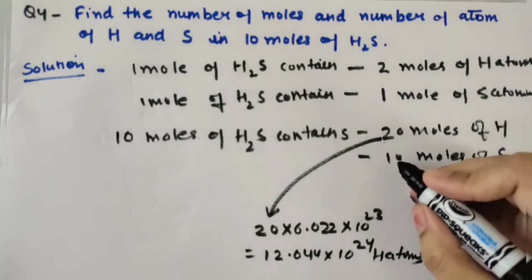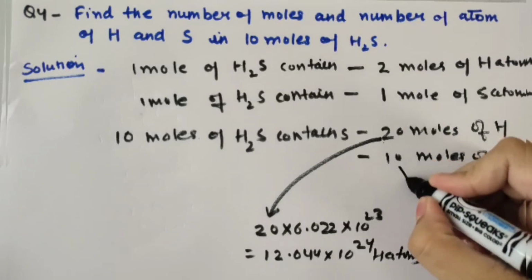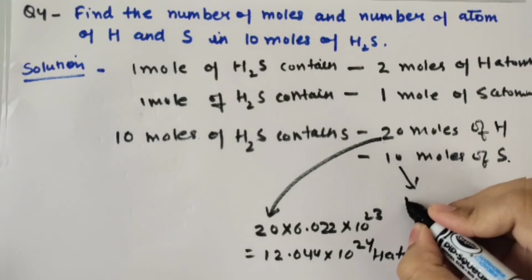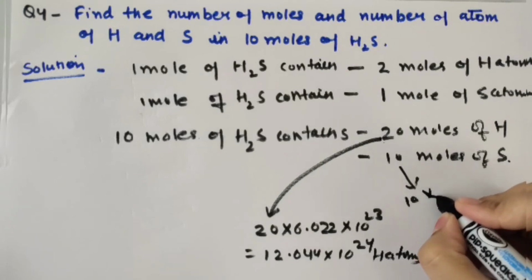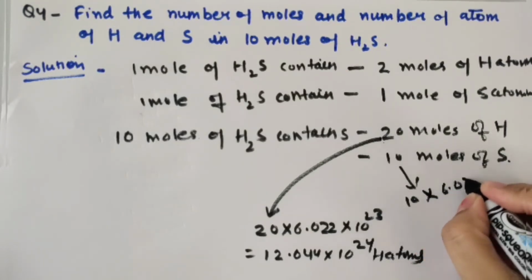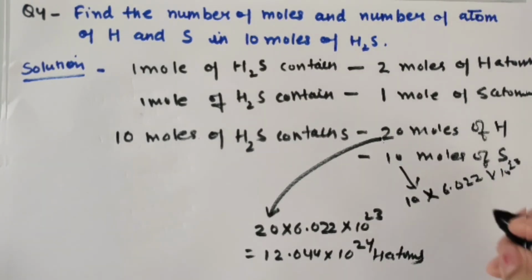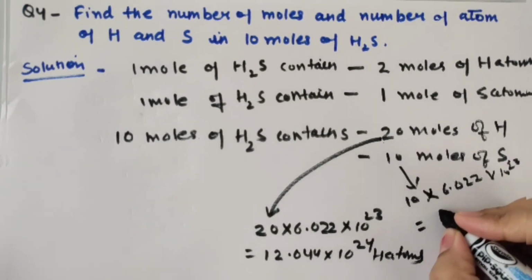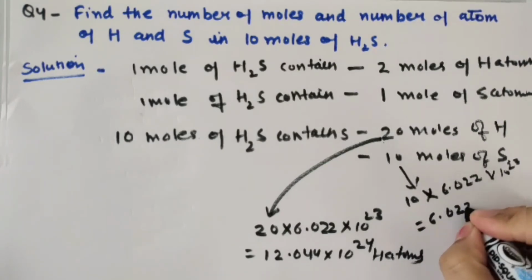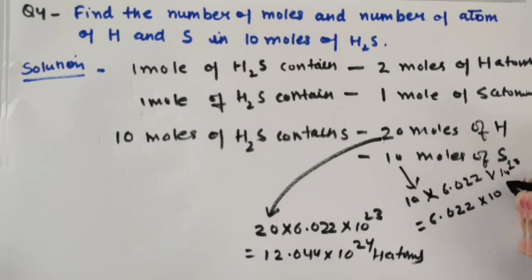Now for 10 moles of sulfur atoms, in the same way we multiply by the Avogadro number, that is 10 into 6.022 into 10 to the power 23. It comes out to be 6.022 into 10 to the power 24 sulfur atoms.